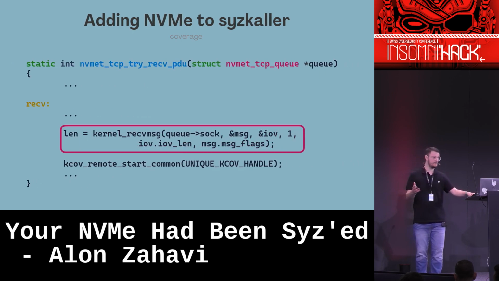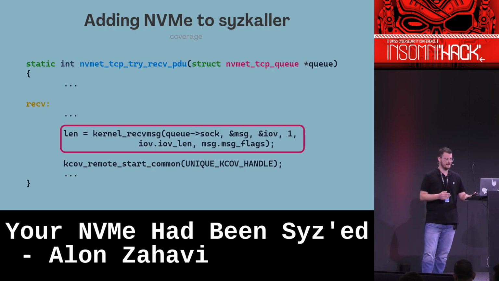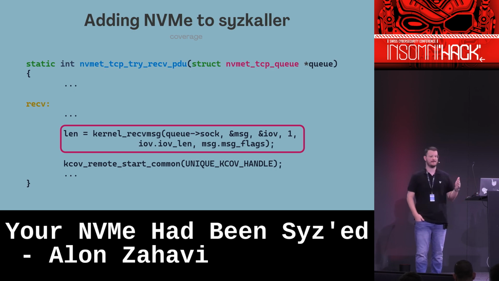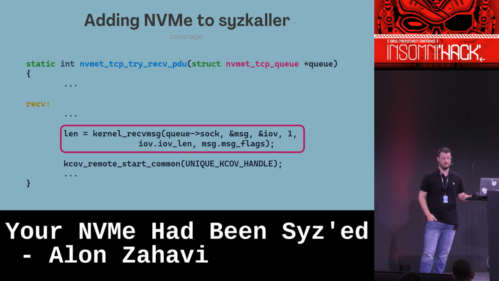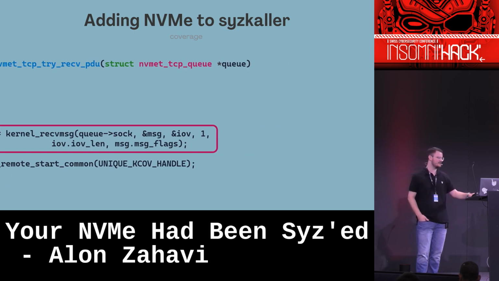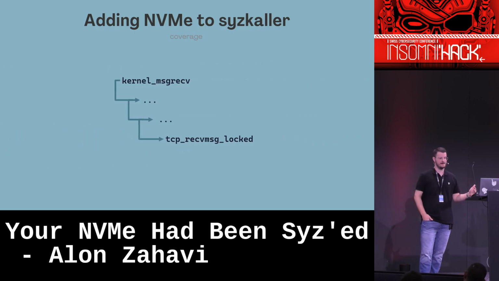Okay, so we needed to pass the kcov handle, but we needed to make sure this kcov handle gets into the TCP packet. For that, we also needed to get inside kernel_recvmsg and check where the data is being copied.